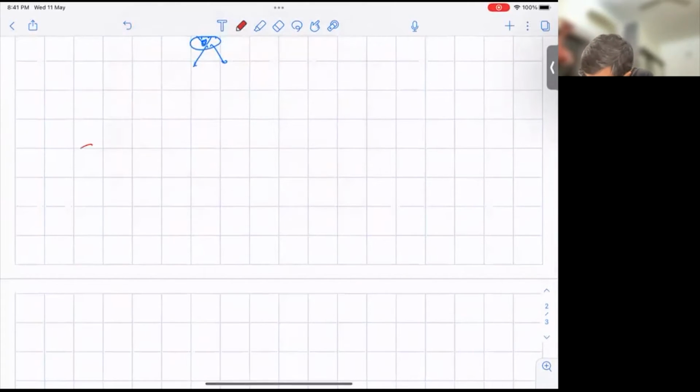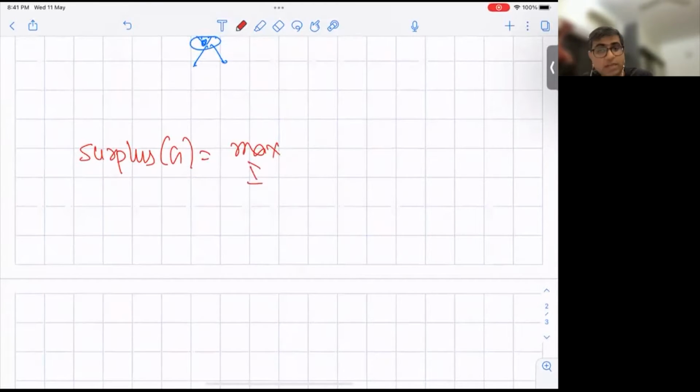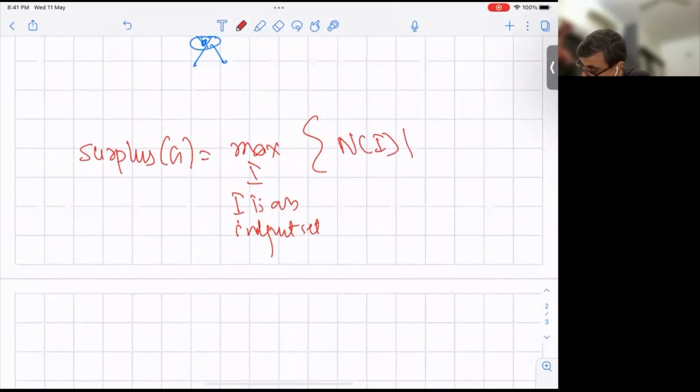And what is the surplus of G? It's the maximum over all independent sets I. Among all independent sets, I'm not talking about maximal independent sets, nothing like that.